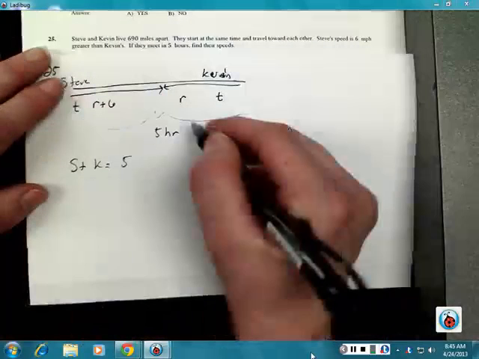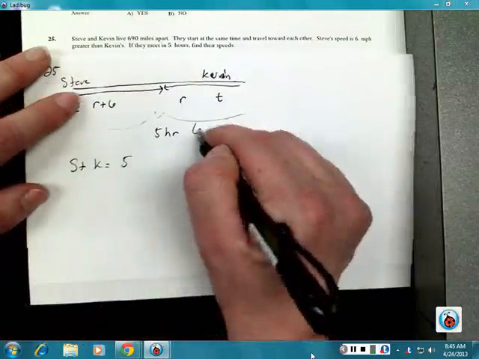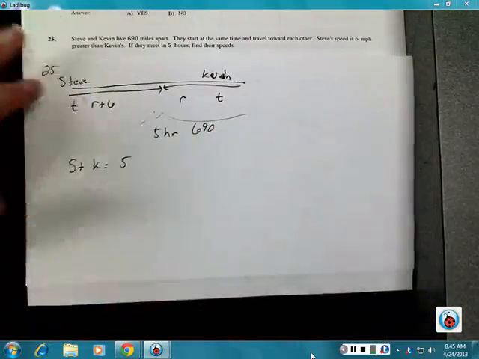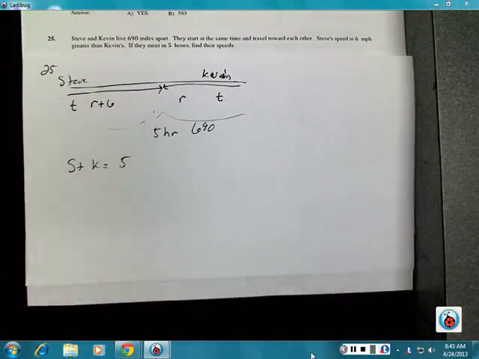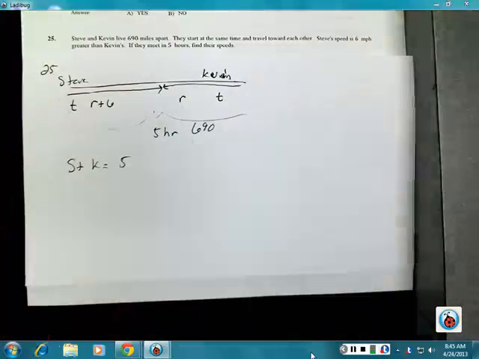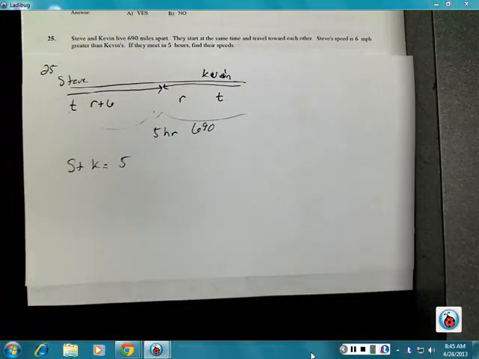Where does that come in at? That comes right in down here, 690 miles. What would be my other piece to this? Do I have another piece? r plus 6. But I have to have my time in there somehow.